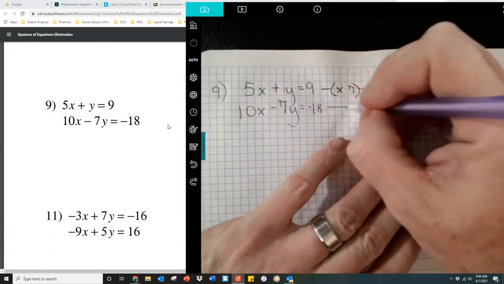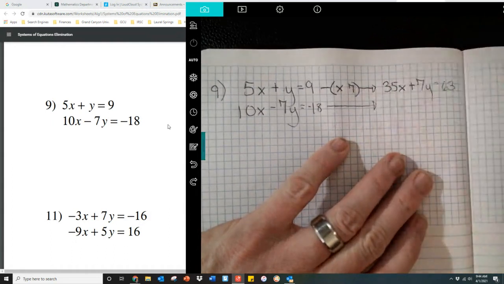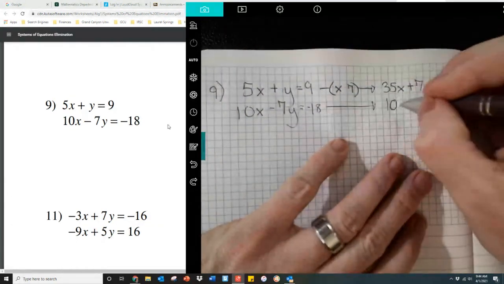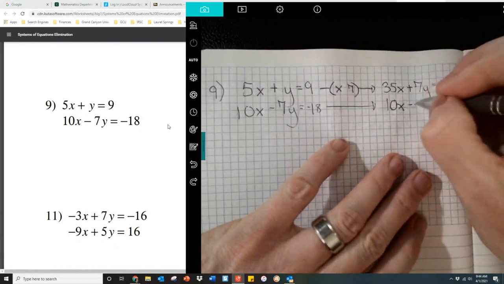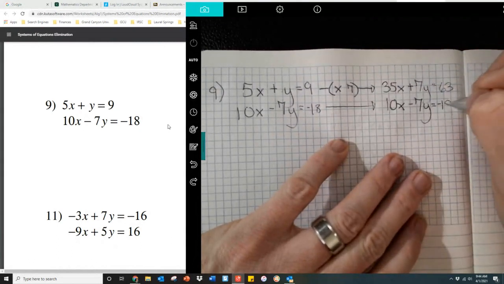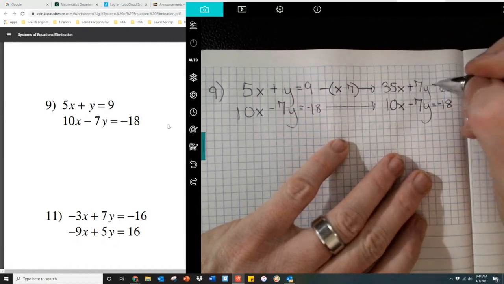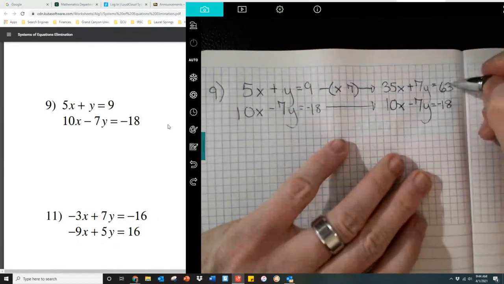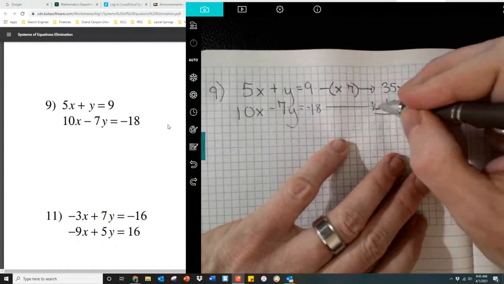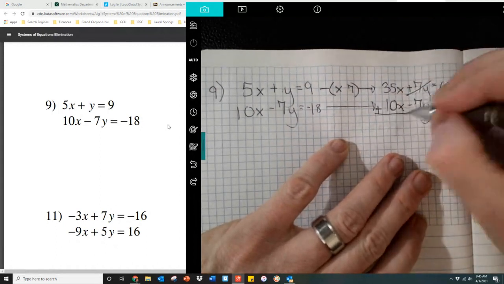All right. Now I'm going to rewrite this as is. Now, when I do that, I can see that when I add this together now, this will eliminate this.